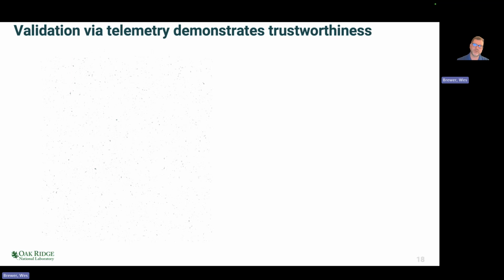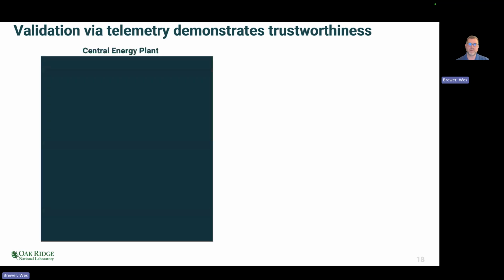And so we took that very seriously, and we spent quite a bit of time working on validating our digital twin. We found telemetry was key to be able to do this. So we could replay telemetry through the digital twin and then compare our predictions with the telemetry data.